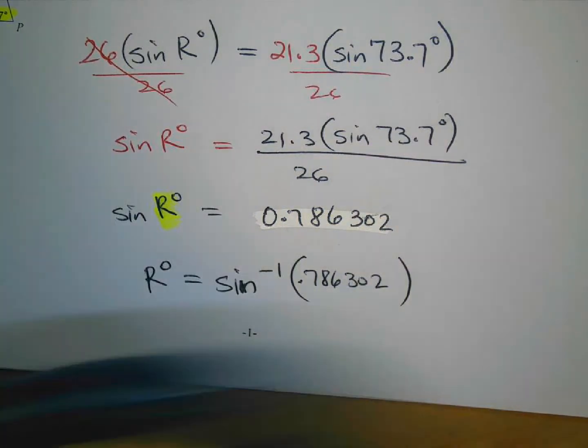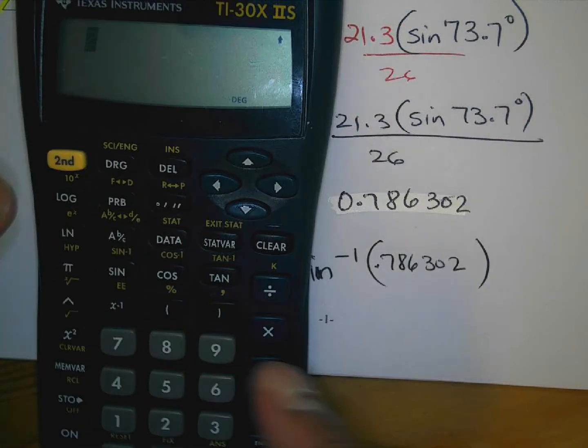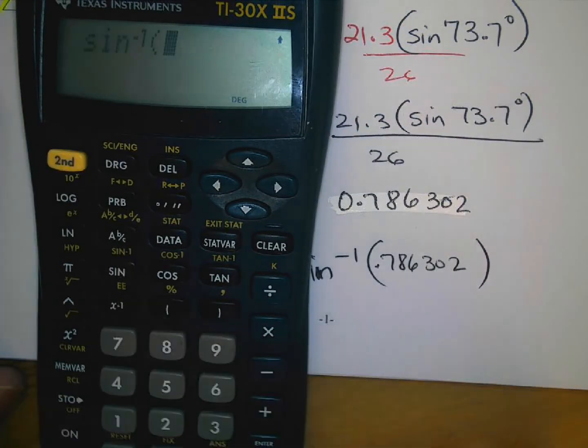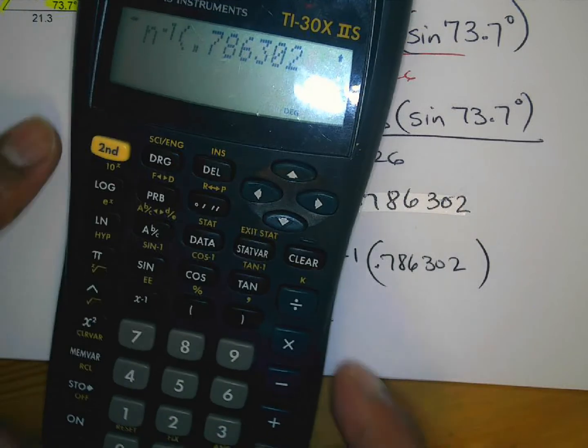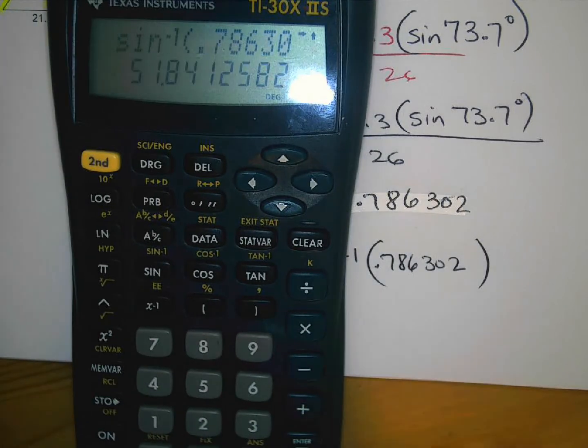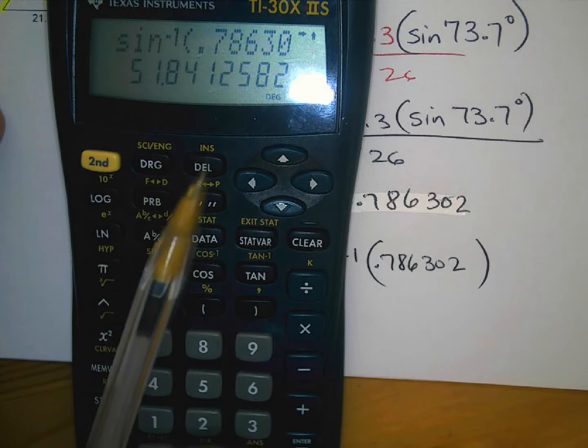All right, so I do that. Sine inverse of 0.786302 gives me a degree of 51.84.